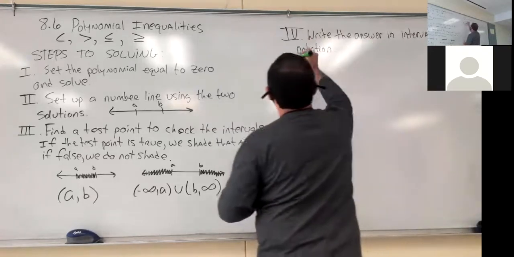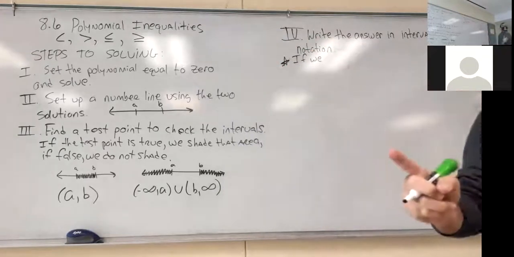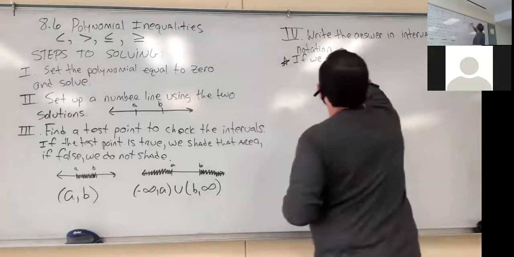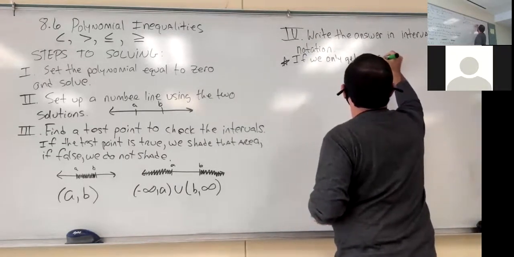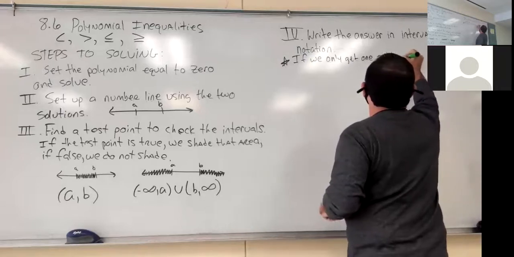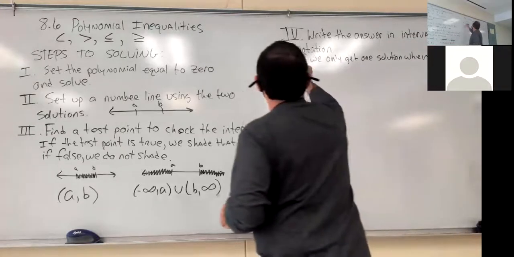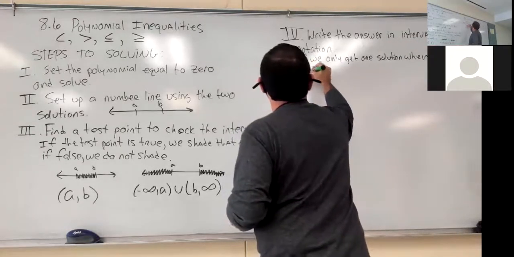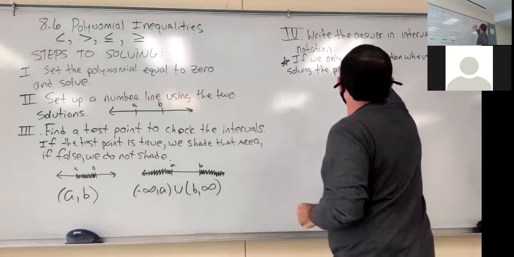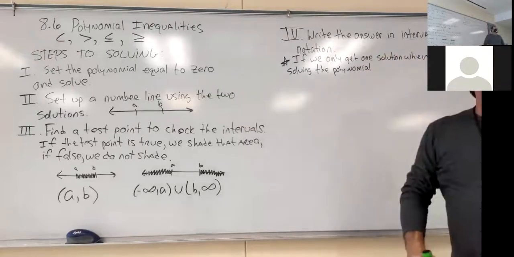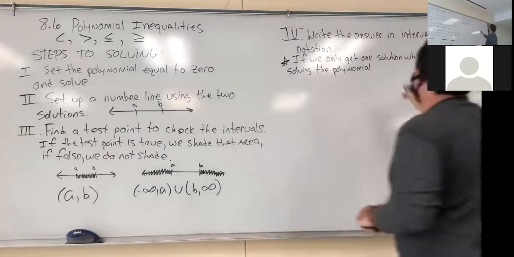If we only get one solution when solving the polynomial, then that is the only number excluded from the domain.